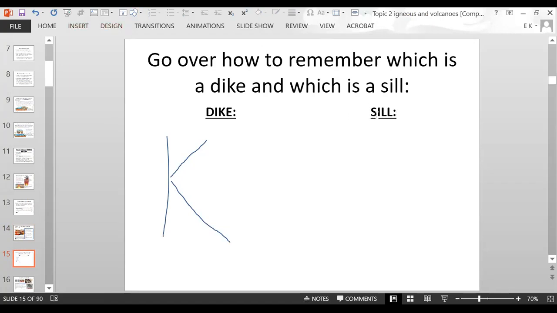Now, the word sill has L's in it. And the letter L's, the letters are parallel to each other in the word. So these are two L's that are parallel to each other.